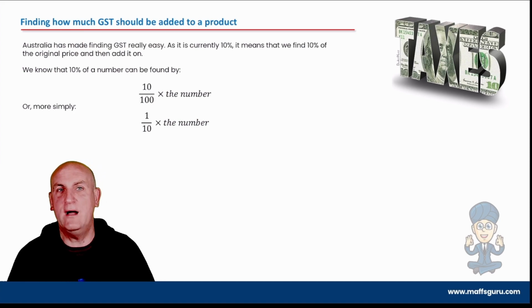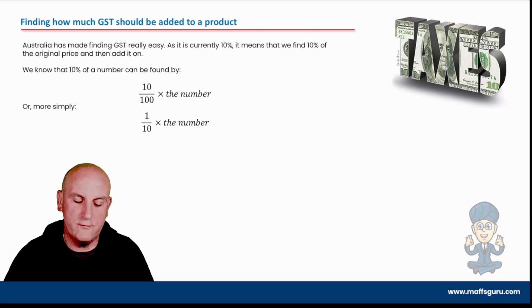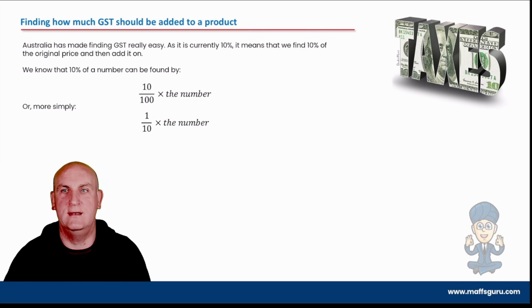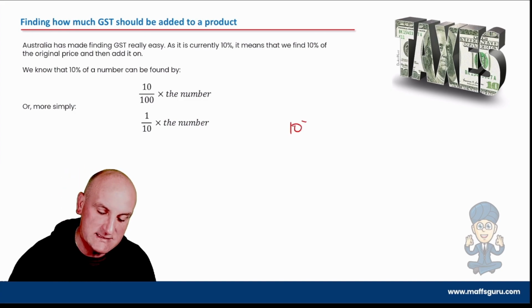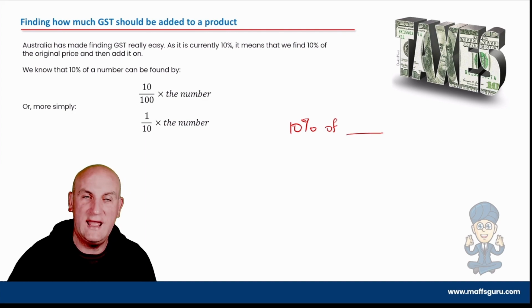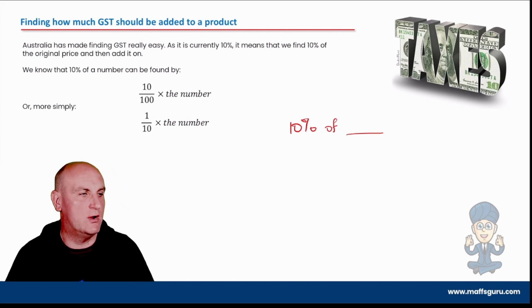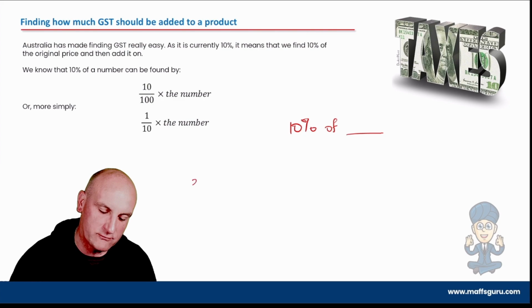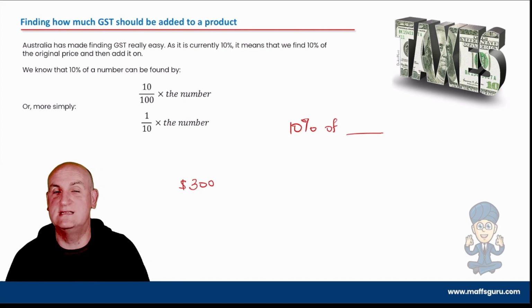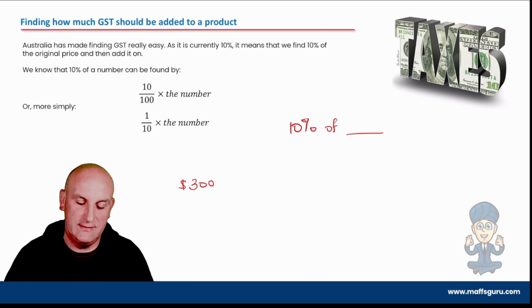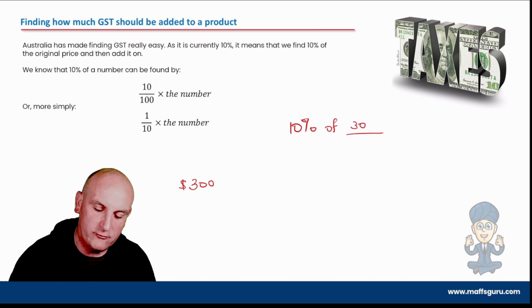Now, finding how much GST should be added to a product. As we've said before, we know from the work we have on percentages, if I know that GST is 10%, then I want to basically do 10% of whatever it is I'm adding onto. So if I've bought an e-scooter for $300, good luck with that one, or I've just bought it from the manufacturer and I'm about to sell it and I want to add on 10%, then I'd have to find 10% of 300.